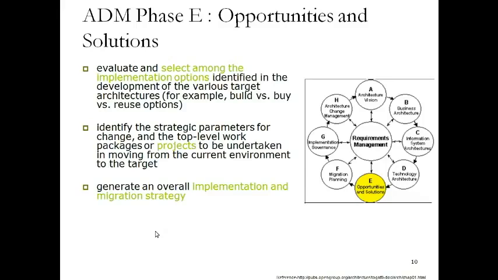So we need to make sure that the transition from the current as-is situation into the promised to-be situation will happen in a smooth and less troubled way. We generate an overall implementation and migration strategy. So the migration transition needs to be planned and implemented very carefully.